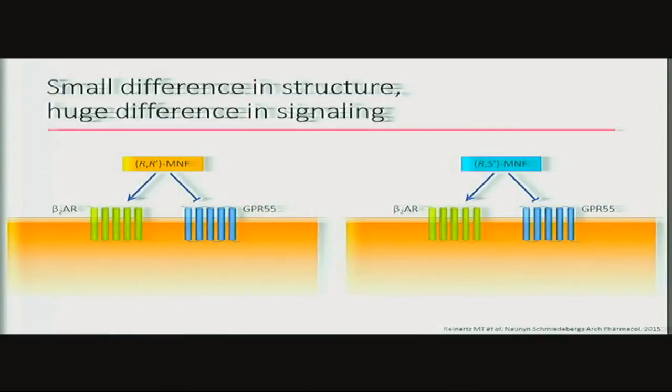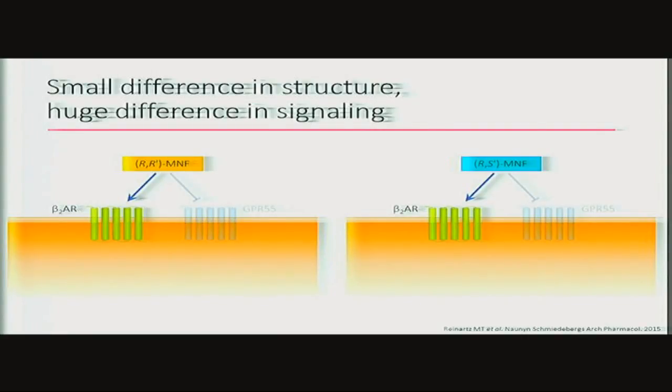And we looked at the signaling downstream of the beta-2 adrenergic receptor, looking for the ability to activate G proteins and beta-arrestin. And what we got is that these compounds are actually quite different in the way they act on the receptors. So both of them are still antagonists of GPR55, but they activate beta-2AR in a different manner.